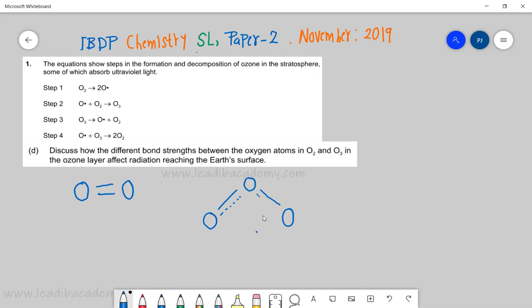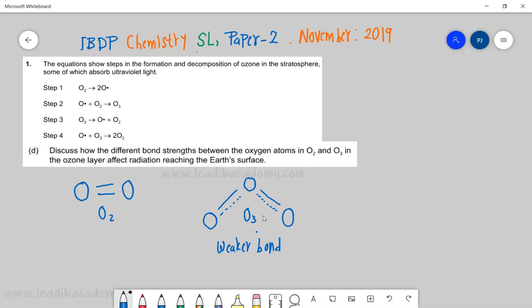For all practical purposes, it is one and a half bonds. So obviously, which bond is going to be weaker? The bond in ozone is weaker. This is the oxygen, O2. It is very clear cut.